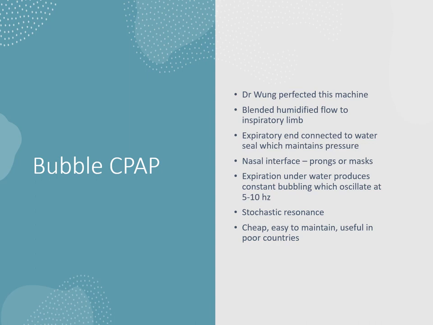The nasal interface can either be prongs or masks. Expiration underwater produces constant bubbling, which oscillates at around 5 to 10 hertz. So there is a little bit of oscillatory physiology also helping in bubble CPAP. Bubble CPAP is easy to use and maintain, and therefore in resource poor settings, it is widely used.